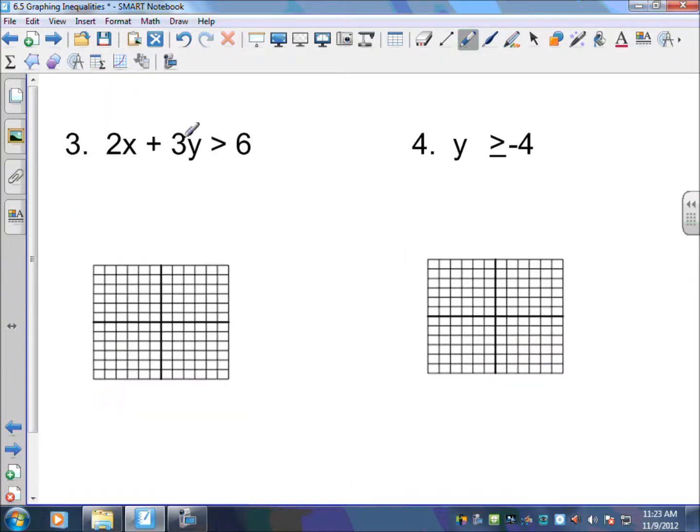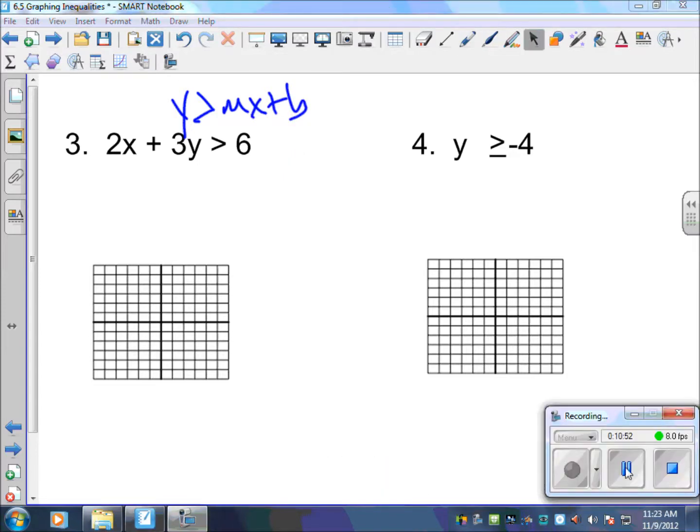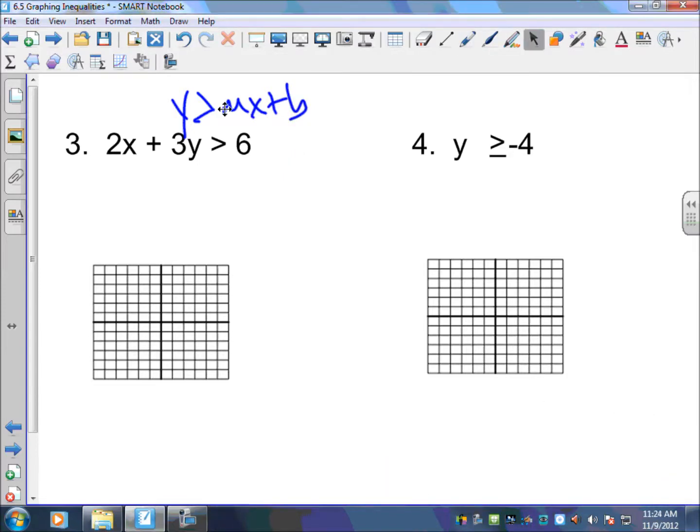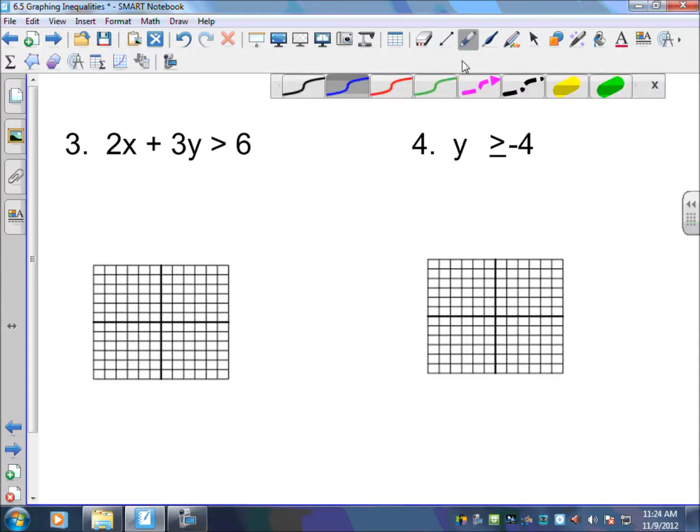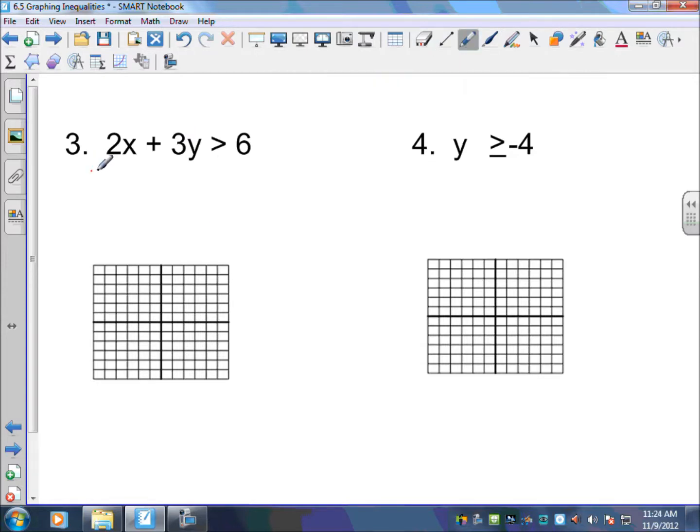Okay, so now what about when the y is not isolated? The y is not isolated, so we have to isolate the y. So I'm going to subtract 2x from both sides, just like my equation.